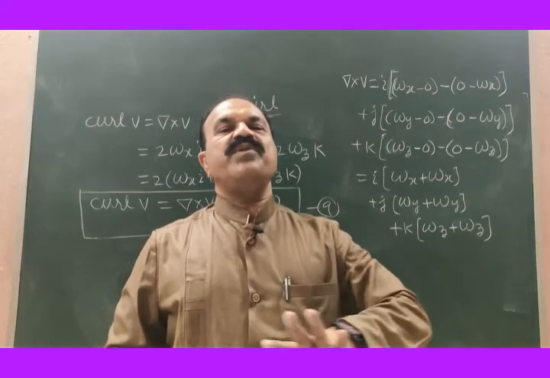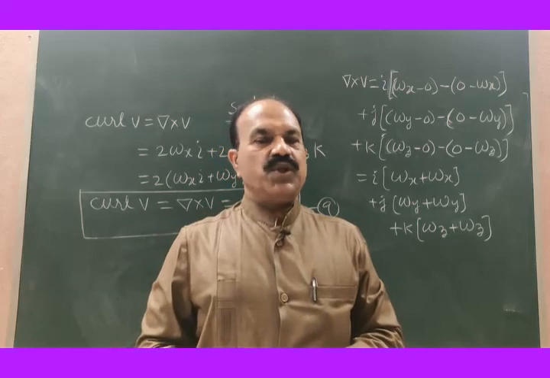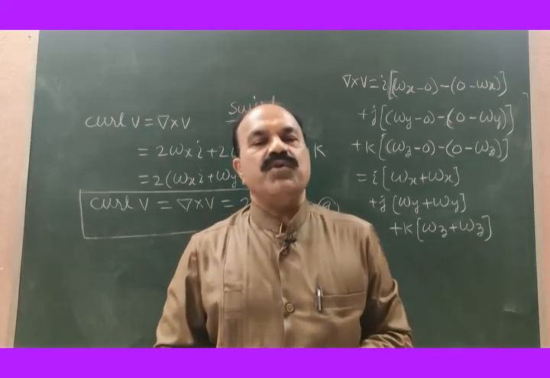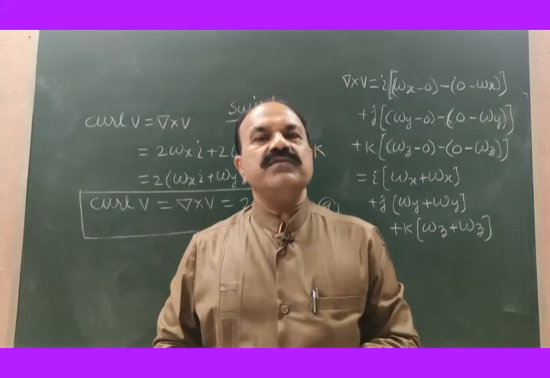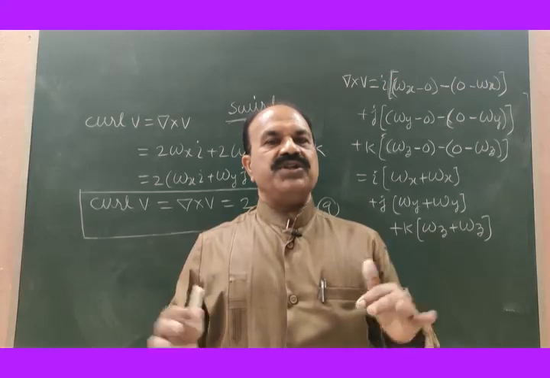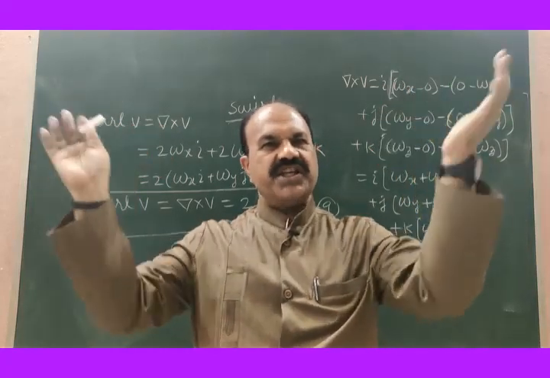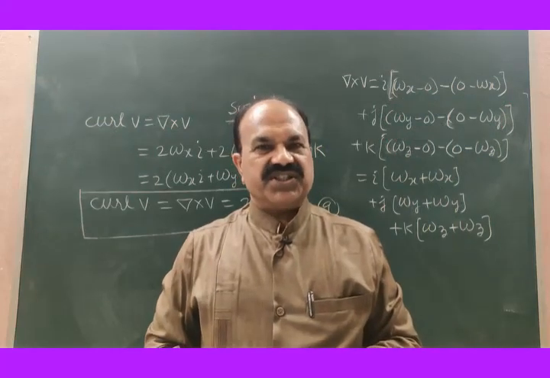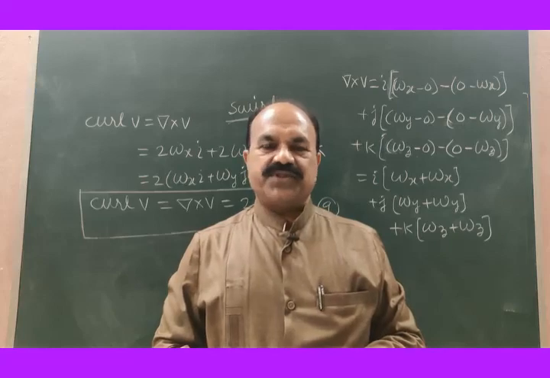It is not a property of conservative vector fields. So you have to remember all these things about the interpretation of curl of a vector. Hope you got it. I have solved each and every step needed to understand and explained all these steps. Thank you.